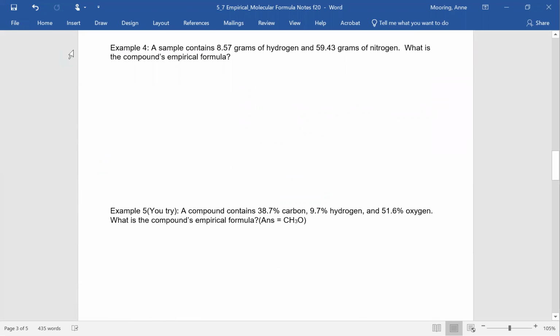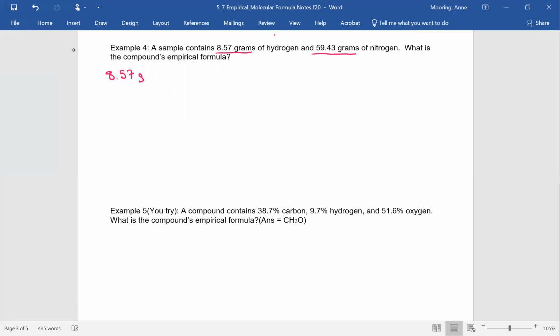Let's take a look at this example. This one is a little bit different because they have given you grams instead of percent. But that's all right because we can convert grams directly to moles. We haven't had to convert grams to percent to grams. We get to go just directly. So we're going to work this just like normal. So we have 8.57 grams.